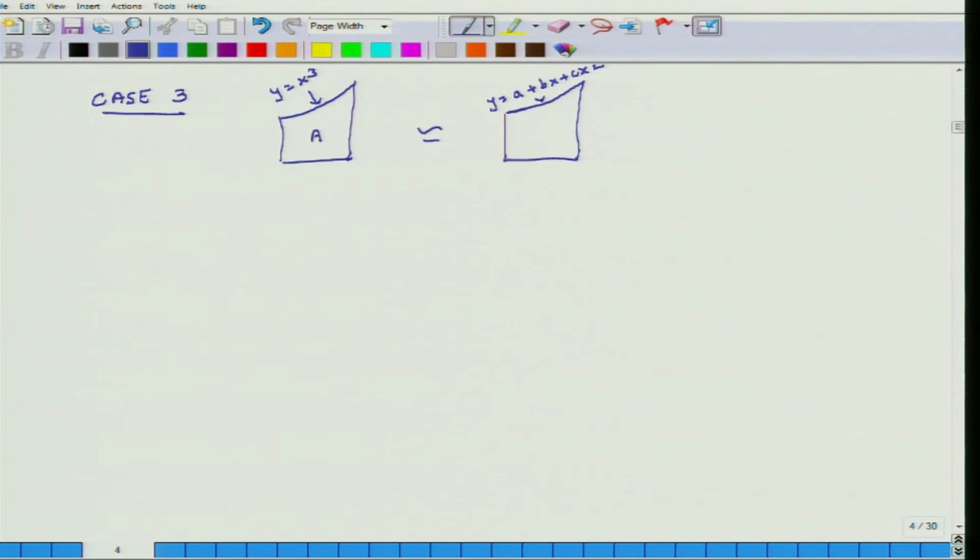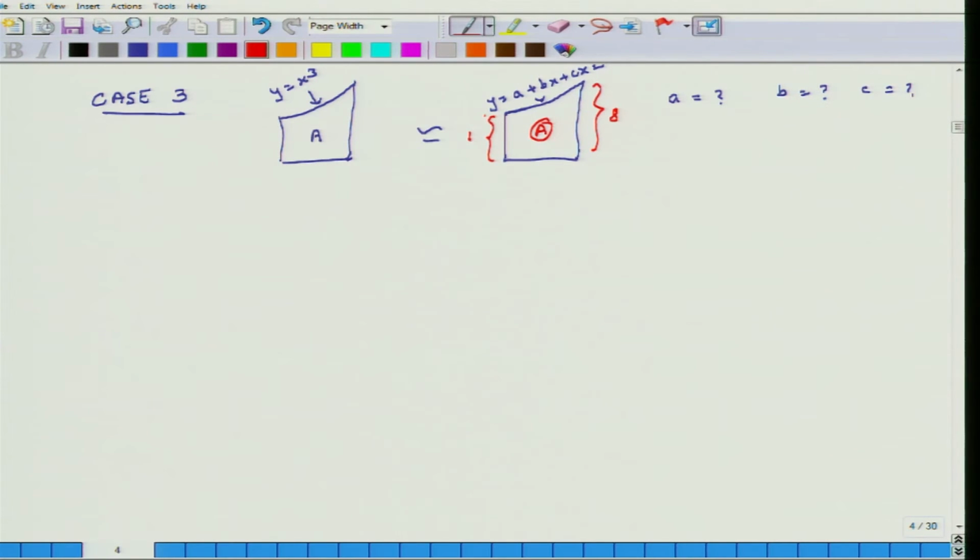So if we do this, then we can again calculate the values of different areas, but then in this case we have to find what are the values of a, b and c. Okay. So unless we know a, b and c, we cannot find out the area under this curve. So first we will see how to find out the values of a, b and c. So at this point we know that this height is 1, this is area A, and this height is 8 or 2 cube.